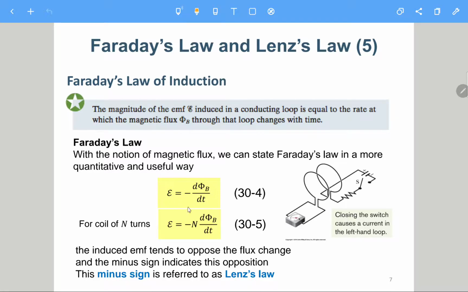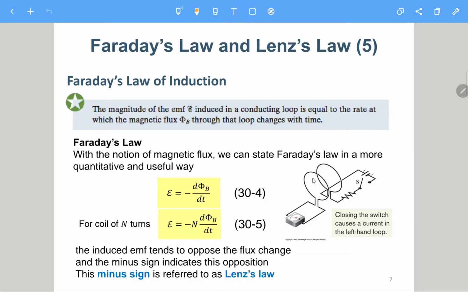We take the derivative of the magnetic flux with respect to time, and then with a minus sign, it is the induced EMF, the induced electromotive force for this secondary loop.